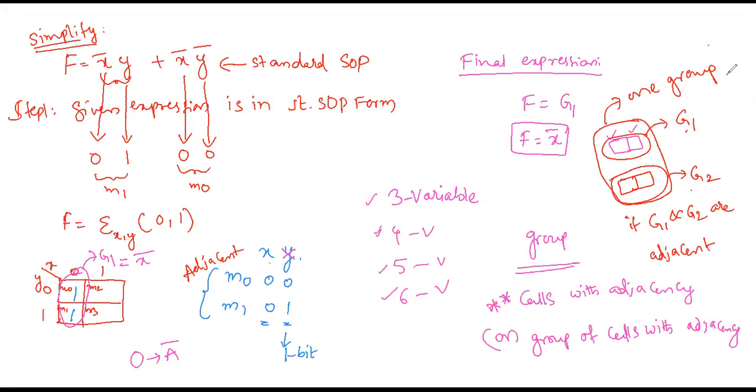Combined, you can make a big group. These are the introduction classes, so I did not discuss it that far, but think in that way. Only cells with adjacency we are discussing. Groups of cells with adjacency we will discuss in the coming classes. Okay. Ending the meeting.